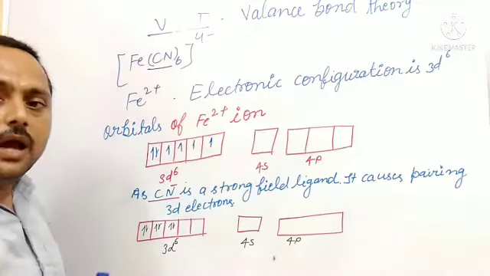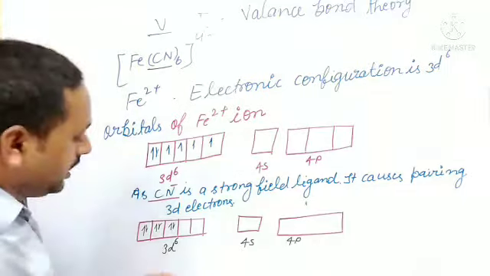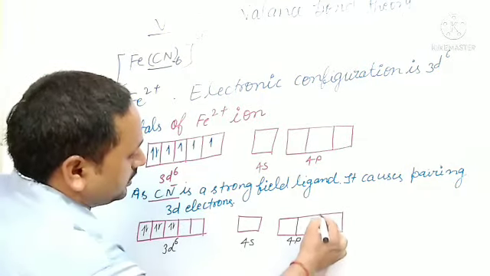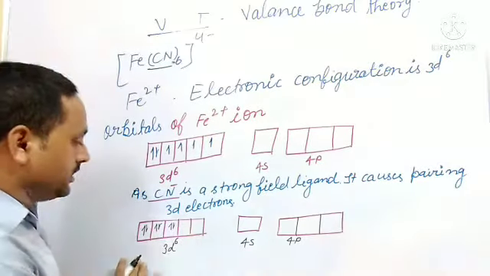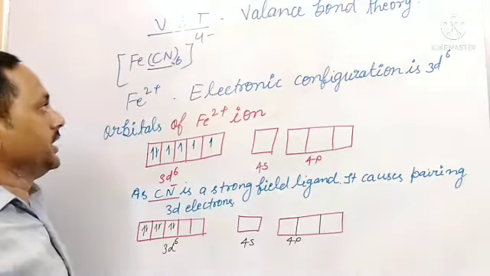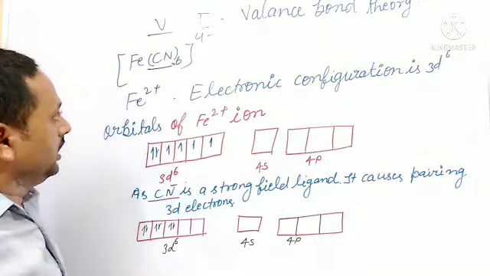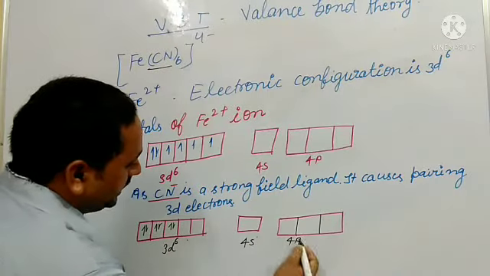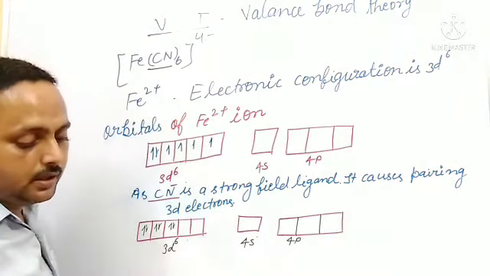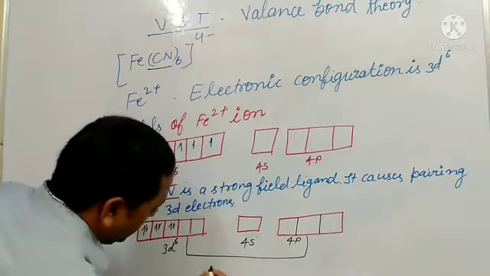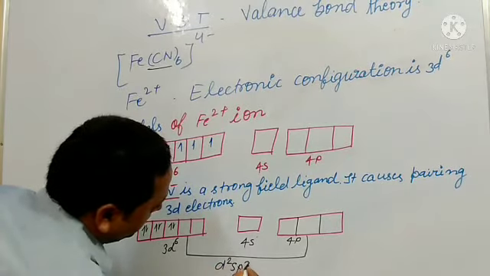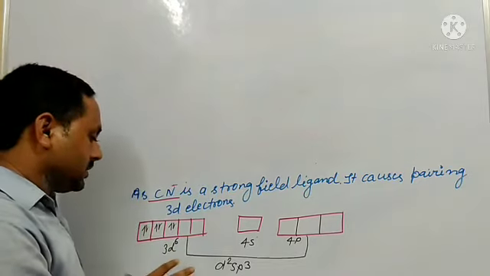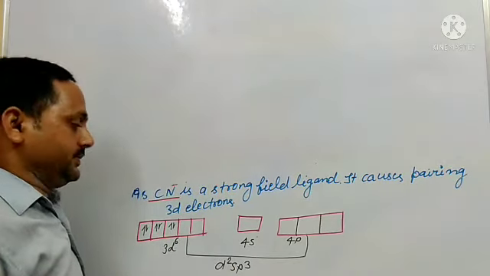Since there are 6 ligands around the central metal ion, the feasible hybridization will be d2sp3, that is 2d from here, 1s and 3p. So the hybridization is d2sp3.